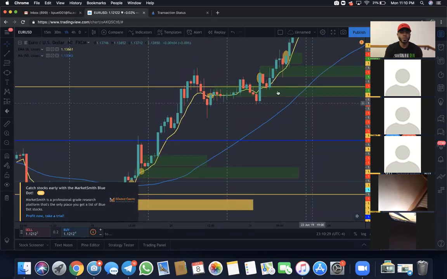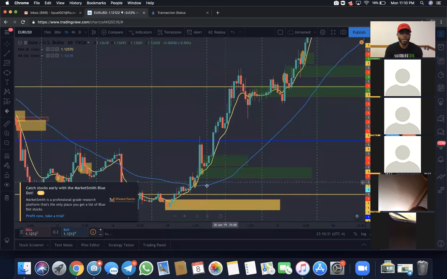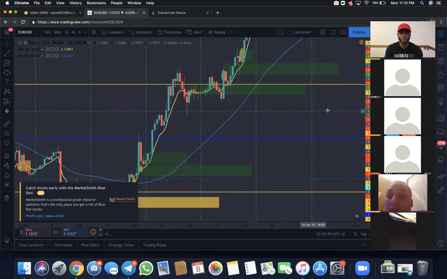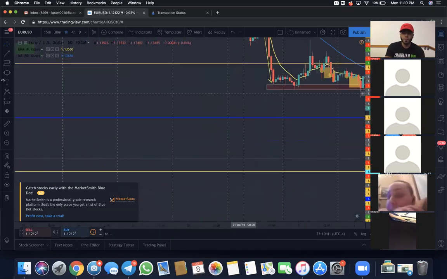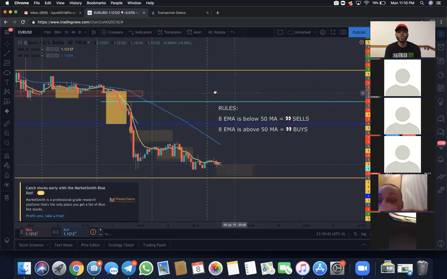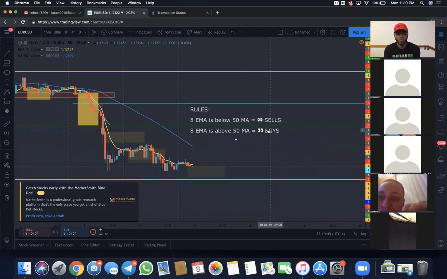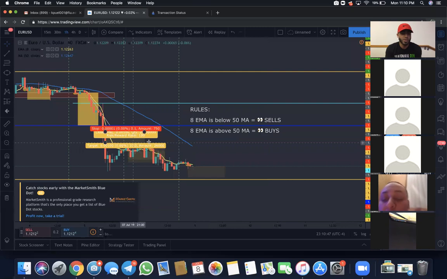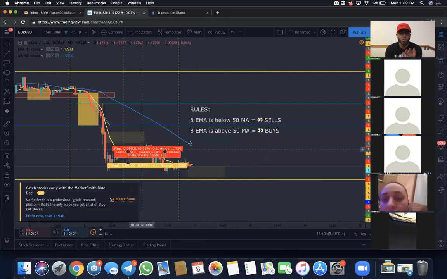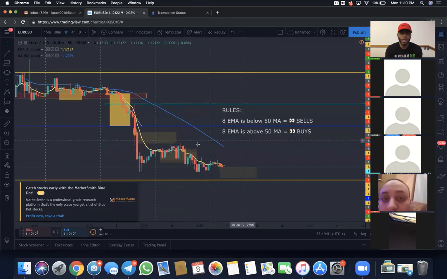So if the 8 EMA is above the 50, we're going to be looking for buying opportunities with this market. So very quickly, once you establish whether you're looking for sells or buys, in this instance down here, where the market is currently sitting, we're looking for sells, because the 8 EMA is below the 50. I hope that makes sense.